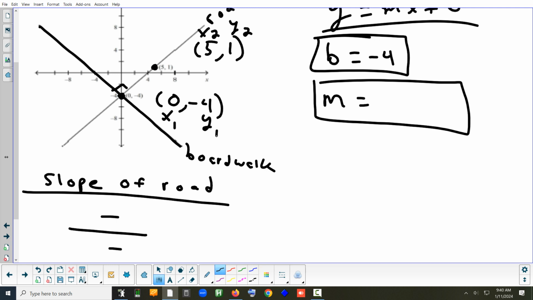Okay, so we're going to find the slope of the road. What would go in the top to find the slope of the road? Y2 minus Y1. Okay. And what goes in the bottom?